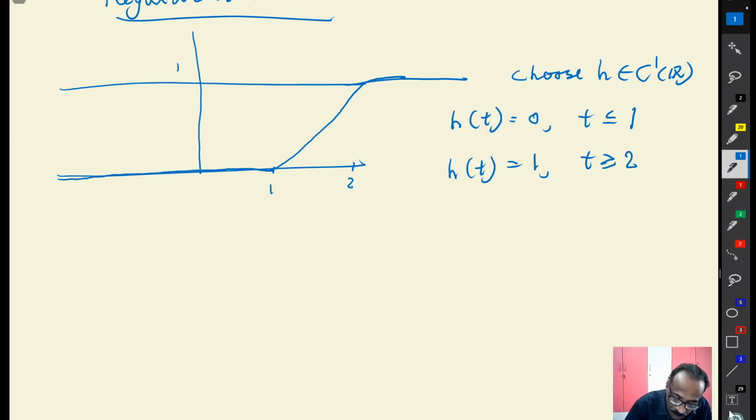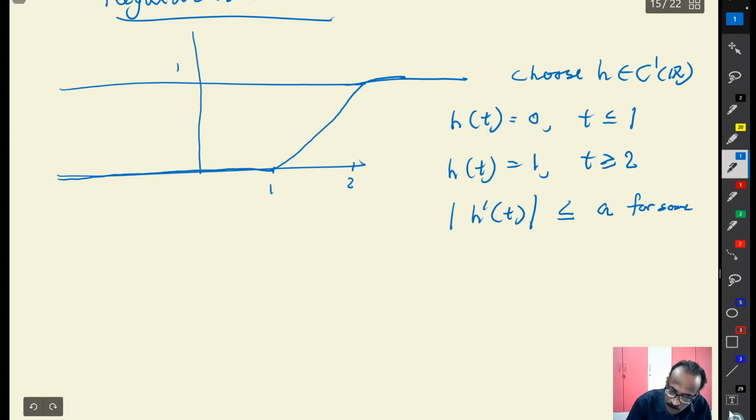You have a bound there, so h prime of t is bounded because it's C1. Here it is 0, and here the derivative will be 0, so naturally it will be bounded. I assume this for some a. So this can be done.